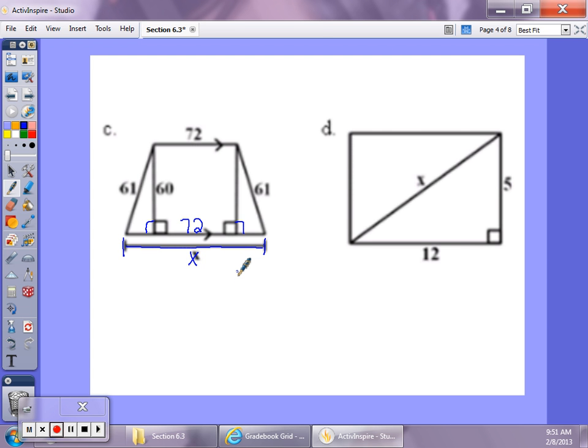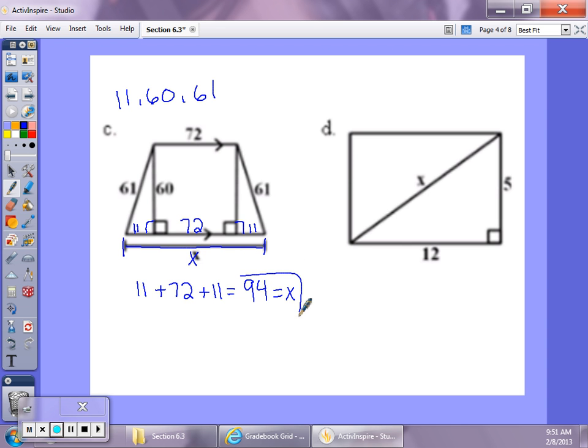So again, if you remember your Pythagorean triples, we know that an 11, 60, and 61 triangle is going to make a Pythagorean triple and therefore a right triangle. So we know that both of these are 11. So if we take 11 plus 72 plus 11, we now know that the value of x is going to be 94.